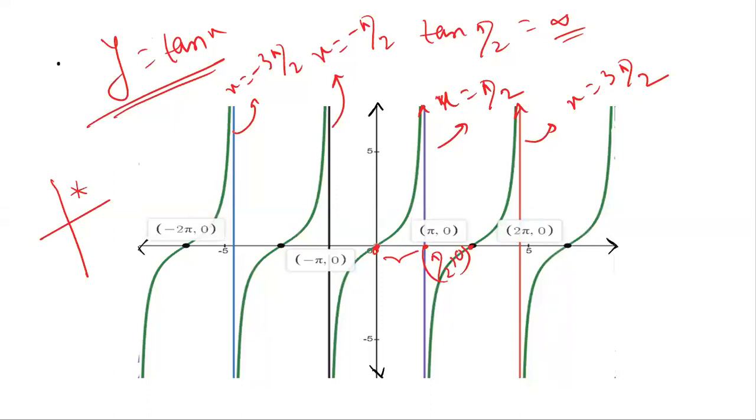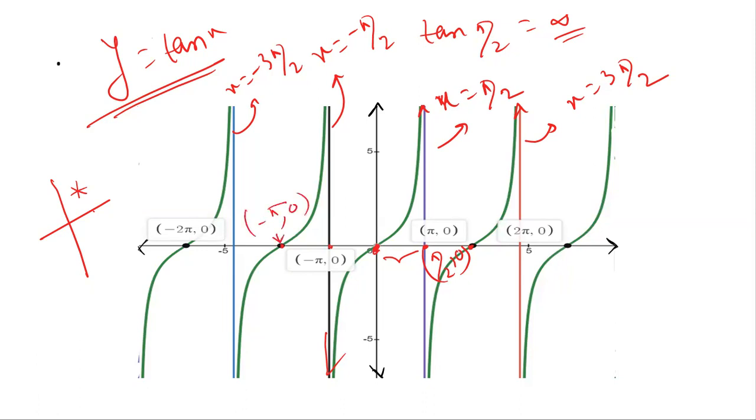And same way the minus pi by 2 line, it will also not touch. And minus pi will become 0, because this is minus pi by 2, and this is minus pi comma 0.